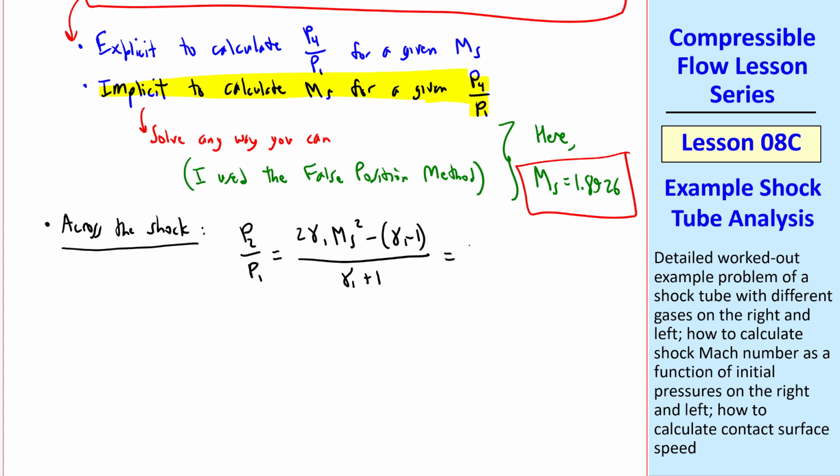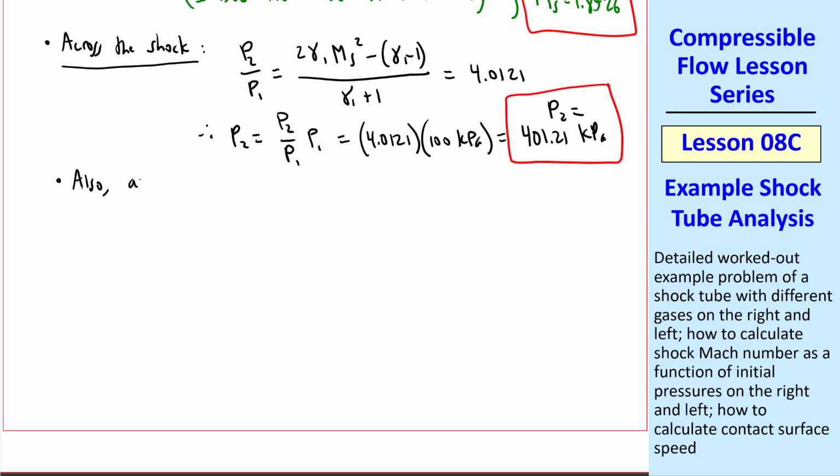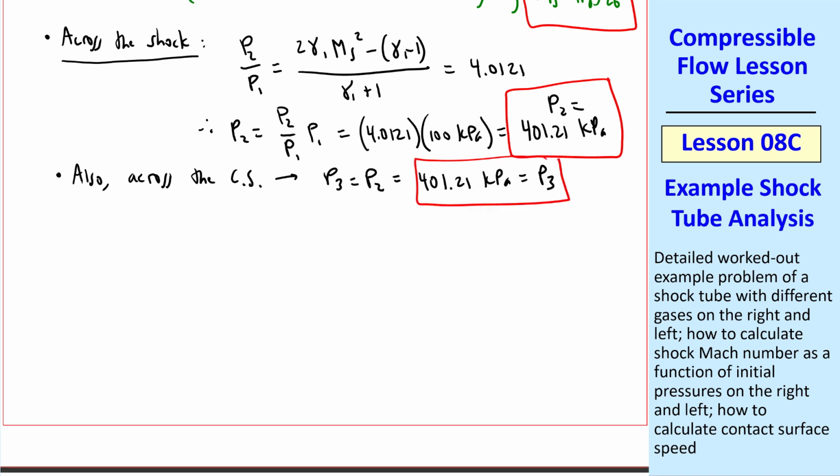This pressure ratio turns out to be 4.0121 across this shock. Therefore P2 is P2 over P1 times P1, and P1 was given, so P2 is 401.21 kPa. Also, across the contact surface, P3 must equal P2, so P3 is also known.